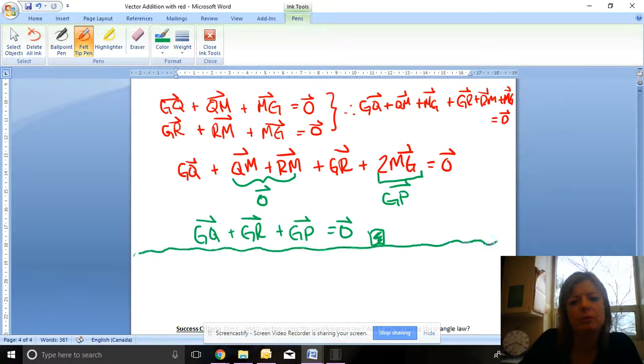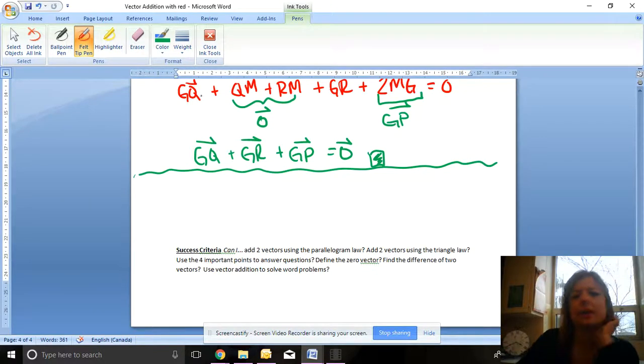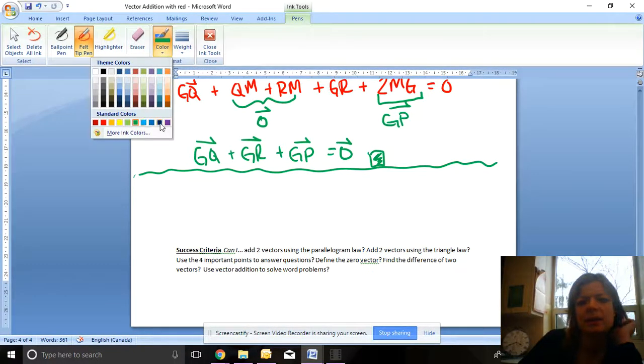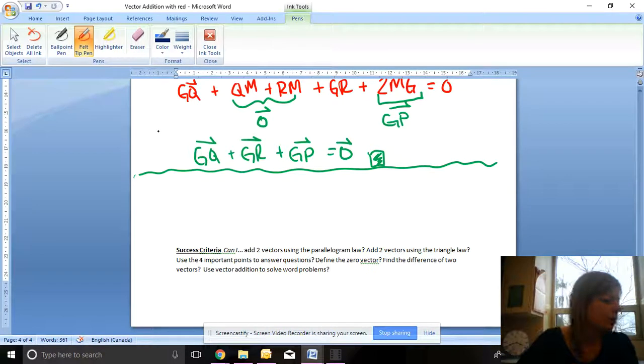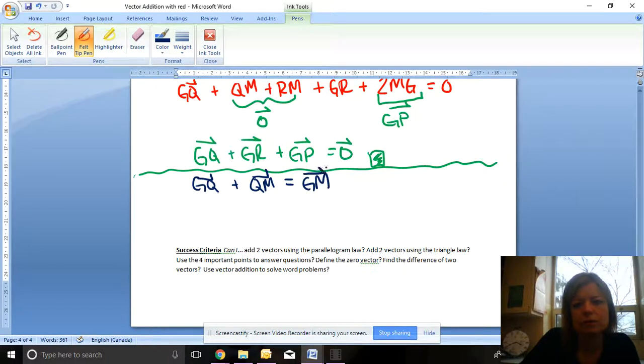There is one more way of describing this, another way of proving it. Referring to your diagram, GQ plus QM is equal to the vector GM. Hopefully that makes sense to you.